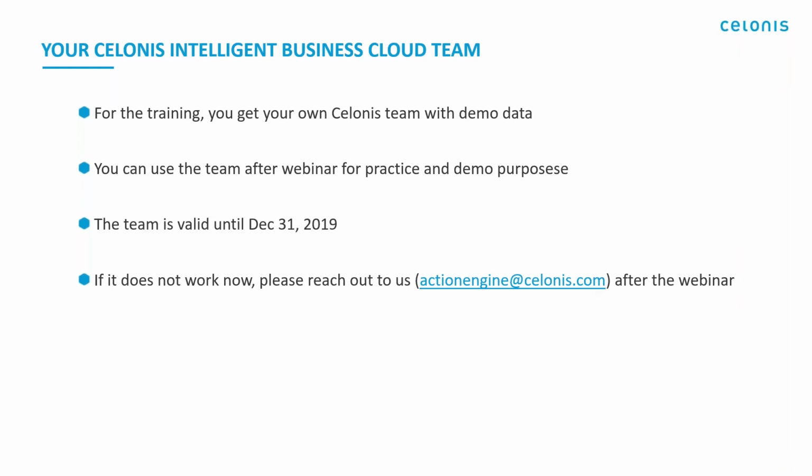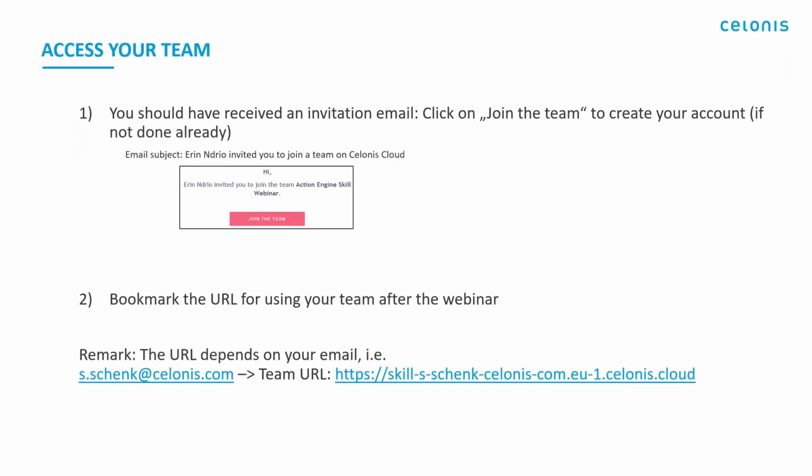So if you have received an invitation email, maybe you've already done that, but just also for everyone, how does this work? All of you have or will receive an invitation email by the Celonis Cloud. The email subject will be Aaron Andrio invited you to join on Celonis Cloud.